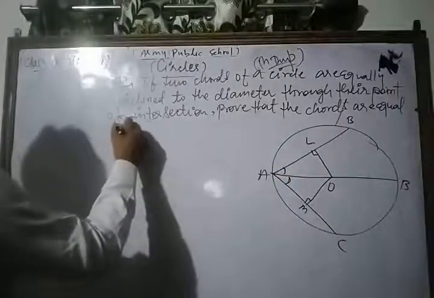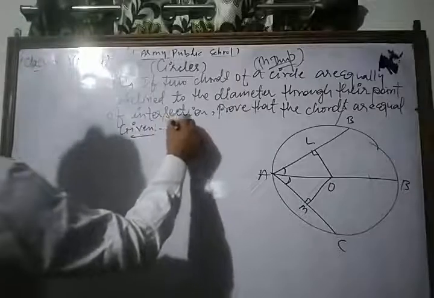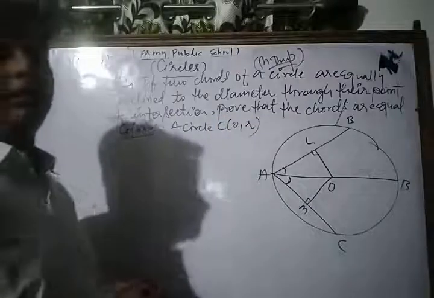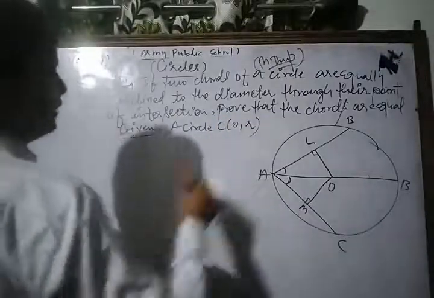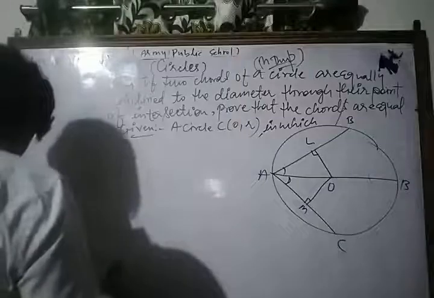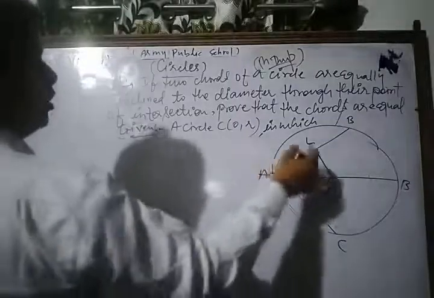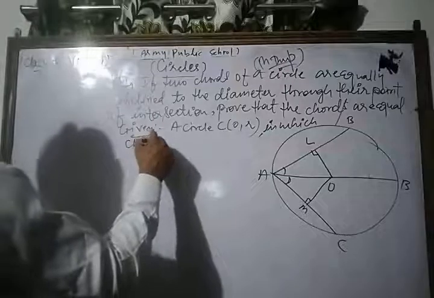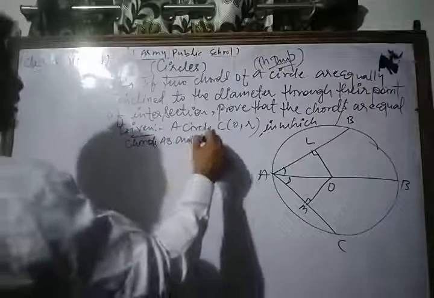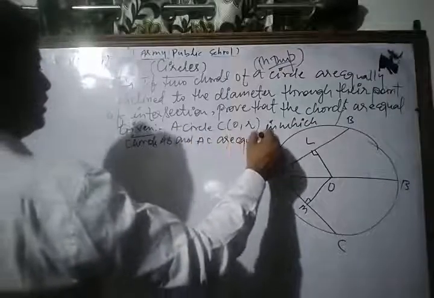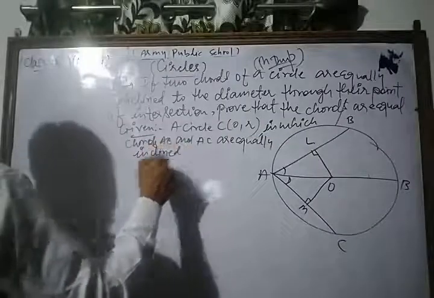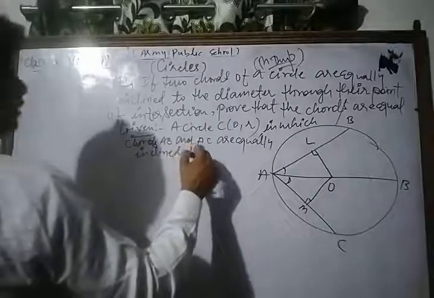Now first of all we write the given. In the given, I write: a circle C with center O and radius r, in which chords AB and AC are equally inclined to the diameter AOD.